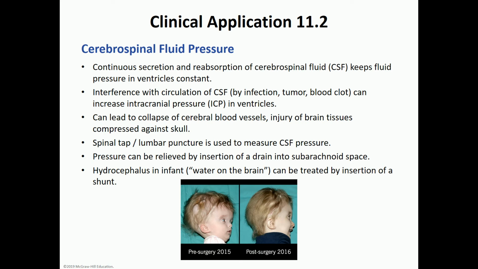So we still have the anterior and posterior fontanelles. So the brain is able to swell up and it will pull those bones away from each other. And you can see it in this condition right here. So this is pre-surgery. Okay, that is known as hydrocephalus. Hydro literally translates into water on the brain.